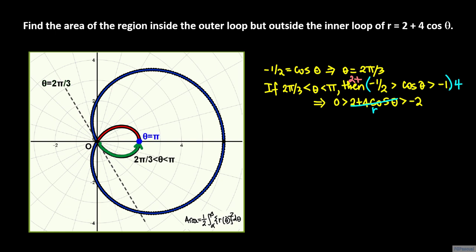The next value of theta when cosine theta equals minus 1/2, that is when the graph hits the origin again, is when theta equals 4 pi over 3. Just like the theta values between 2 pi over 3 and pi, if pi is less than theta is less than 4 pi over 3, then 0 is greater than 2 plus 4 cosine theta is greater than minus 2.